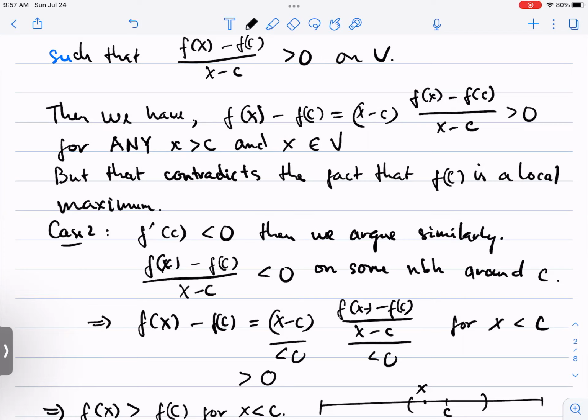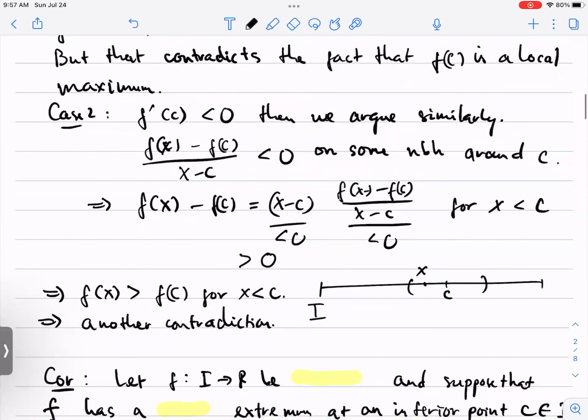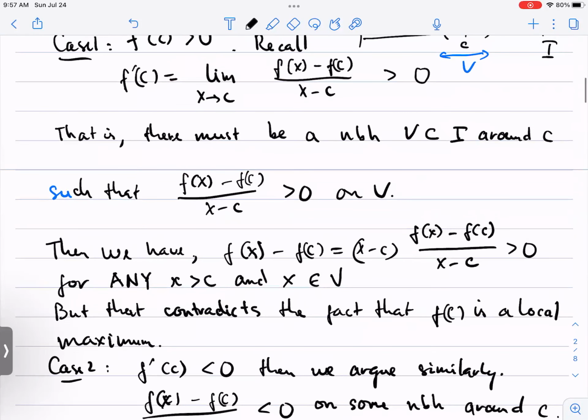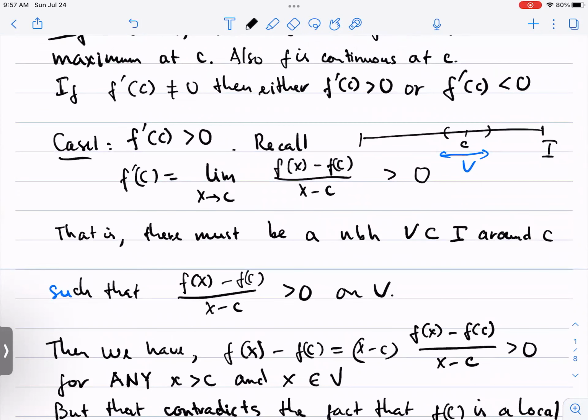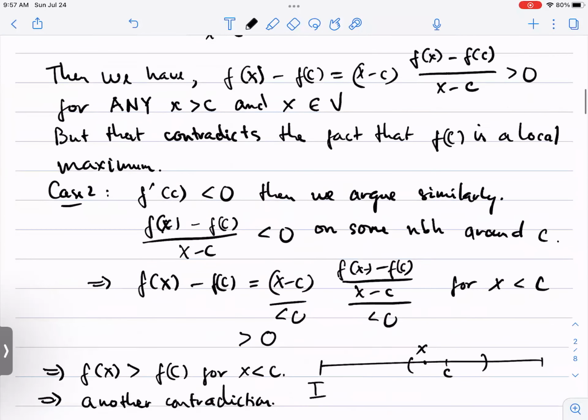That is, f of c is smaller than f of x. So that's why there is a contradiction. And because the proof is by contradiction, we know that the initial assumption must not be true. That's why we can rule out the first case.